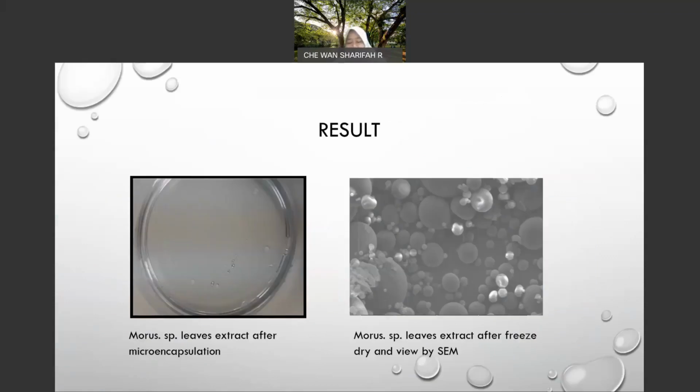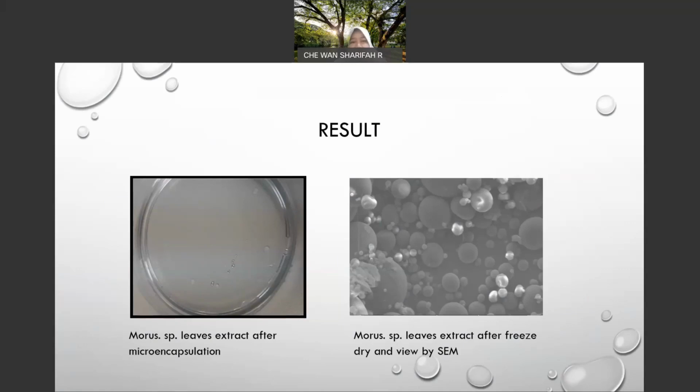For the result, you can see here firstly the result after the extraction process. We go through encapsulation, which is adding a certain solution, methylcellulose or ethylcellulose. We try to understand the binding between these two different types of cellulose.